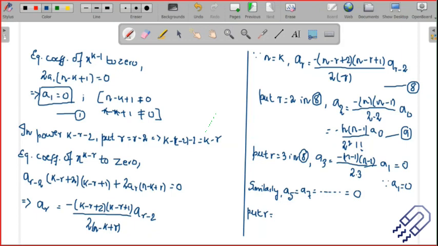We basically have a4 is equal to, just keep this like this, minus, so this is n minus r plus 2, minus 4 plus 2 is minus 2, so it is n minus 2. This is minus 4 plus 1, so it is 3, so that's n minus 3, and then you are going to get a r minus 2, so that is a2.